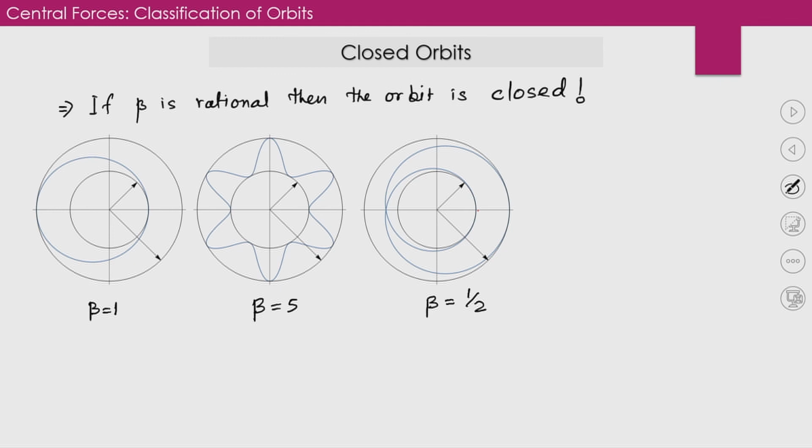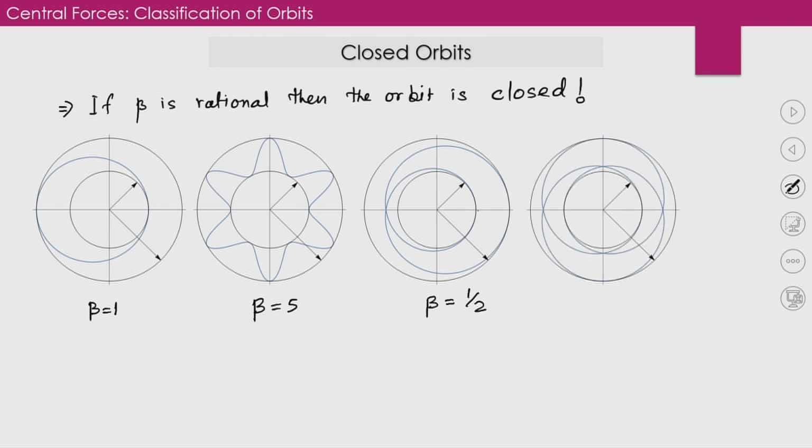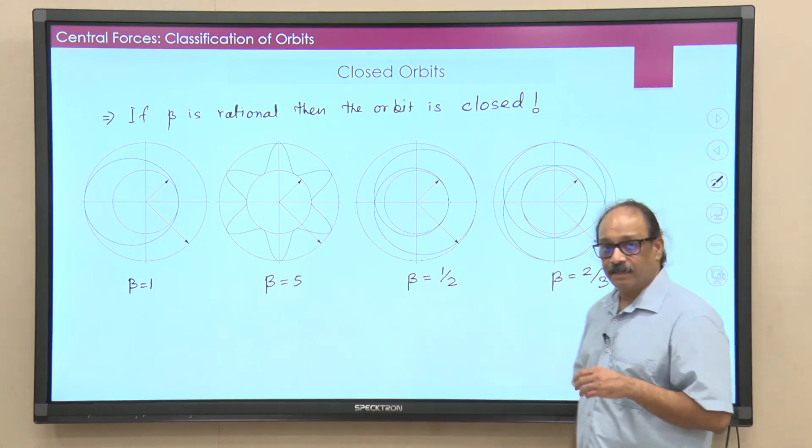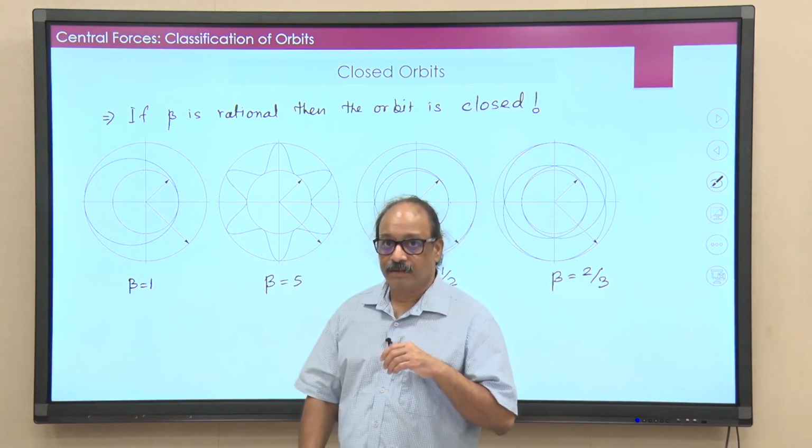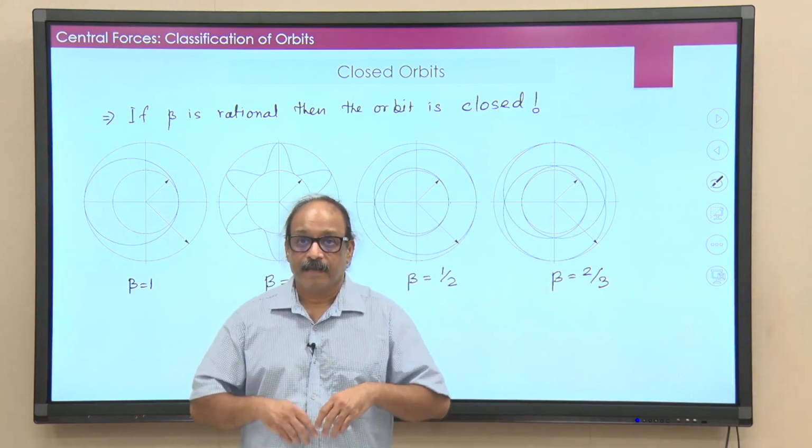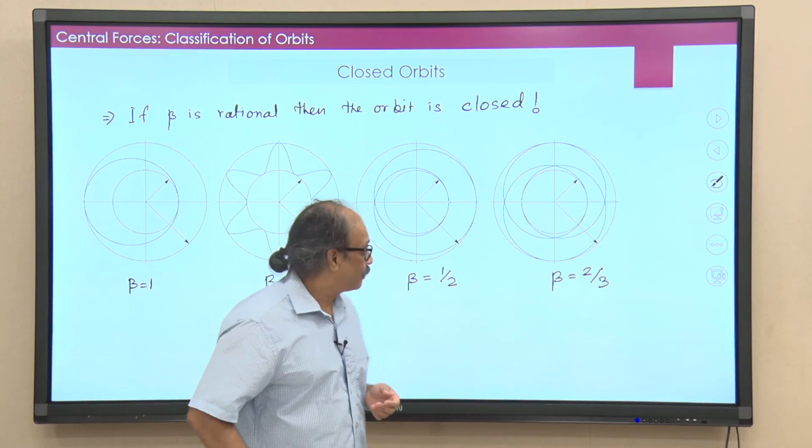Here is one more example. This is beta is equal to 2 by 3. What will happen? The orbit will close only after 3 revolutions, not after 2 revolutions.